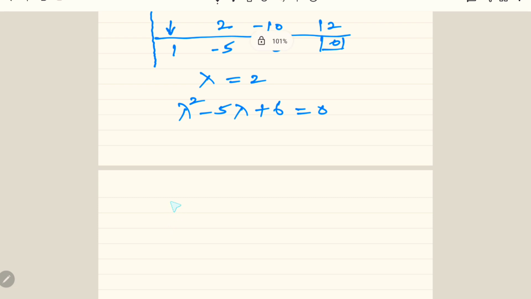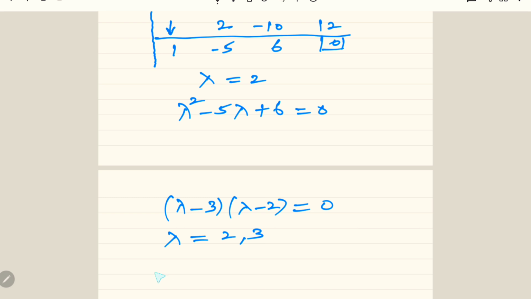Therefore, we consider the factors as lambda minus 3 and lambda minus 2. Here minus 3 into minus 2 we get plus 6, and the sum of minus 3 and minus 2 is minus 5. Means these are the correct factors. And therefore equating each to 0, we get lambda equals 2 and lambda equals 3.